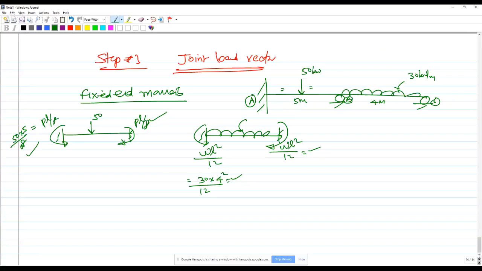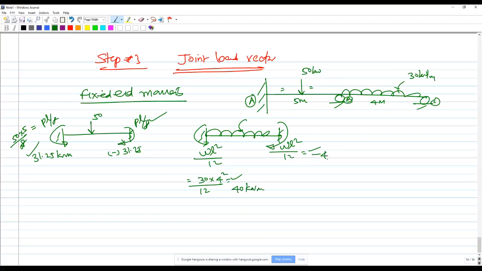So 250 by 8, so it's 31.25 kilonewton meter. And this is also 31.25, but with a minus sign. Similarly, this is going to be 30 into 16 by 12, which is 40 kilonewton meter.